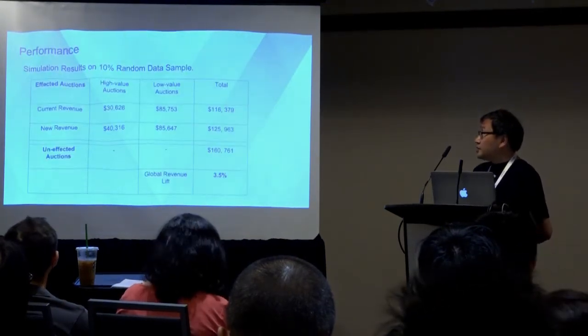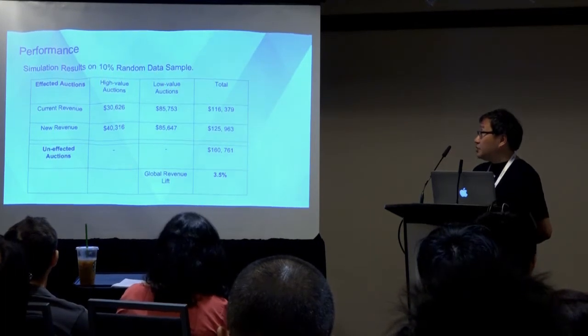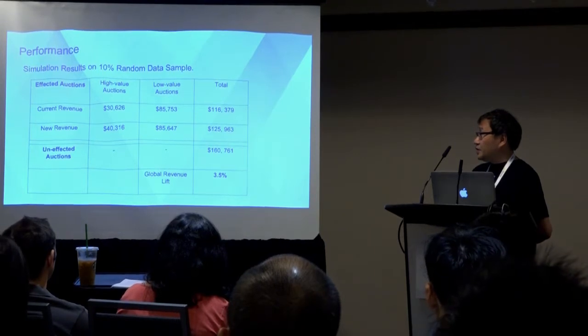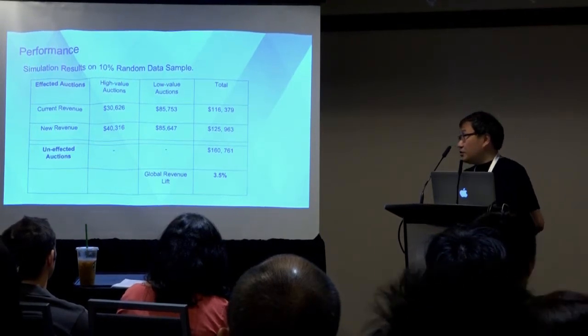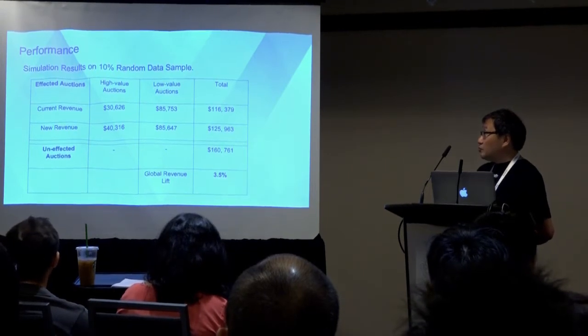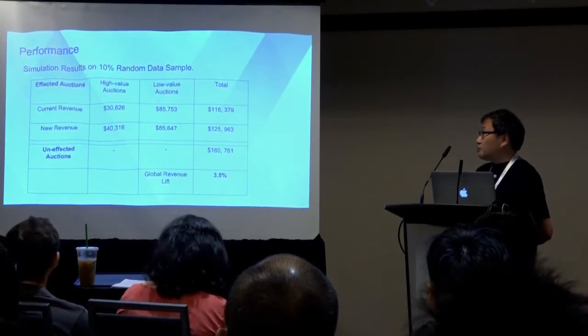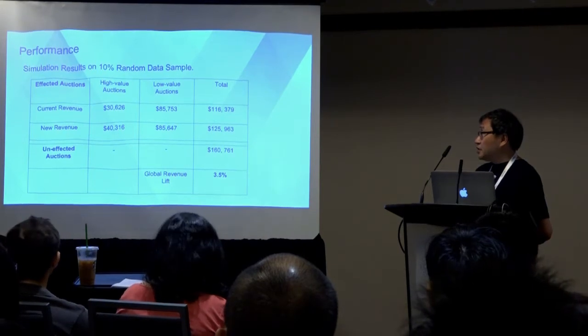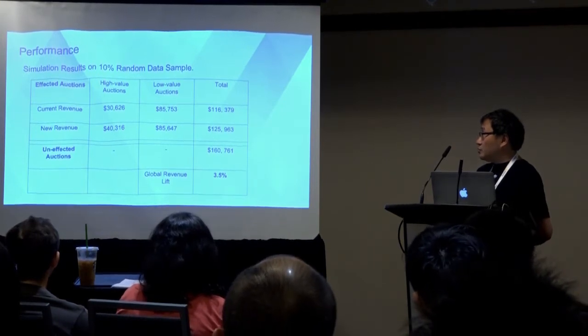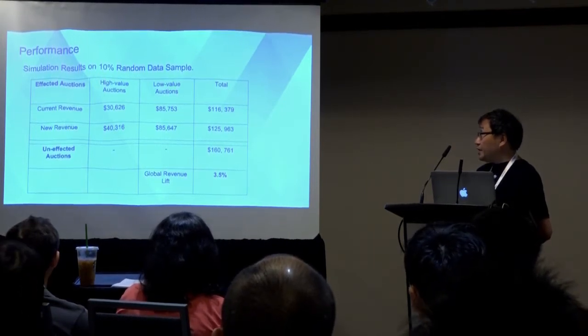Okay, and these are simulation results on the true auction data we have in Yahoo ad exchange. We took a 10% random sample, and if we don't apply this cascade algorithm to determine the reserve price, we get revenues of about 116K.